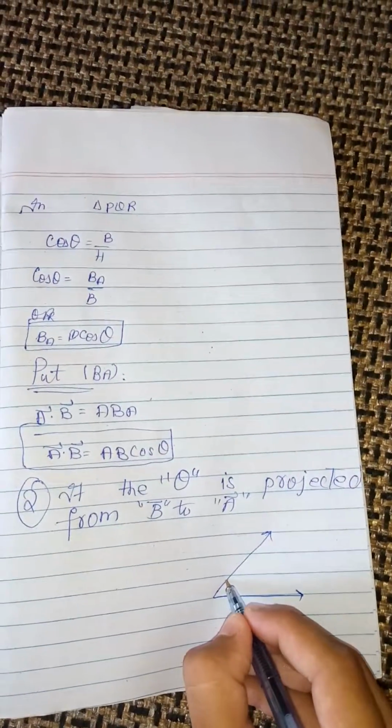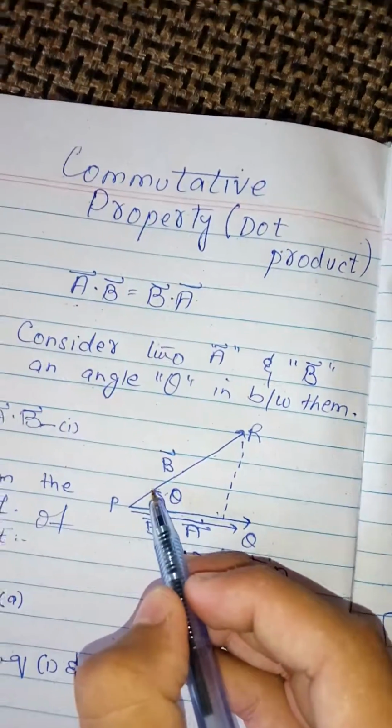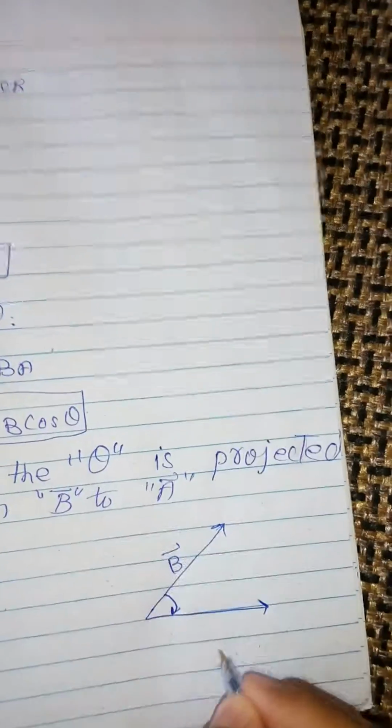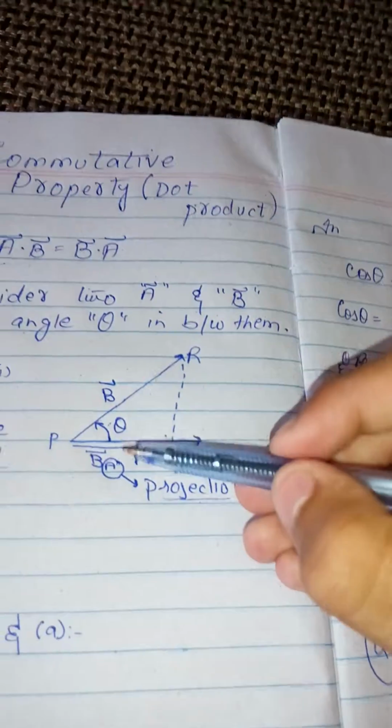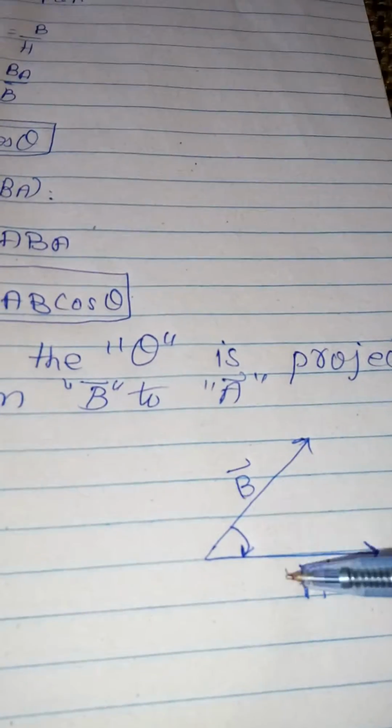In this case, the projection is coming from b to a. Earlier the projection was made like b_a, but in this case it is coming from b to a.